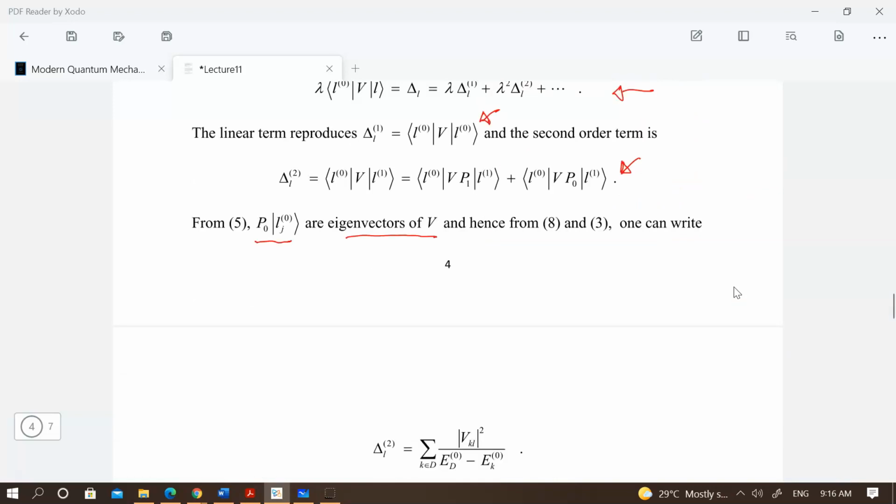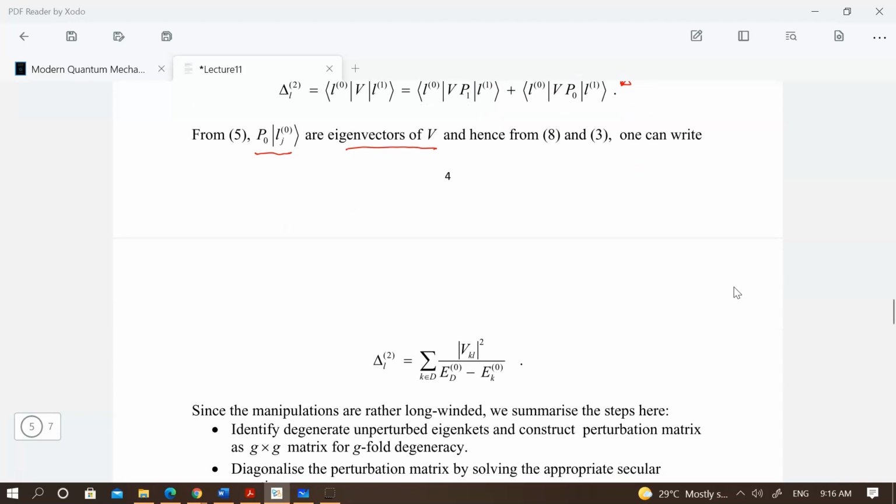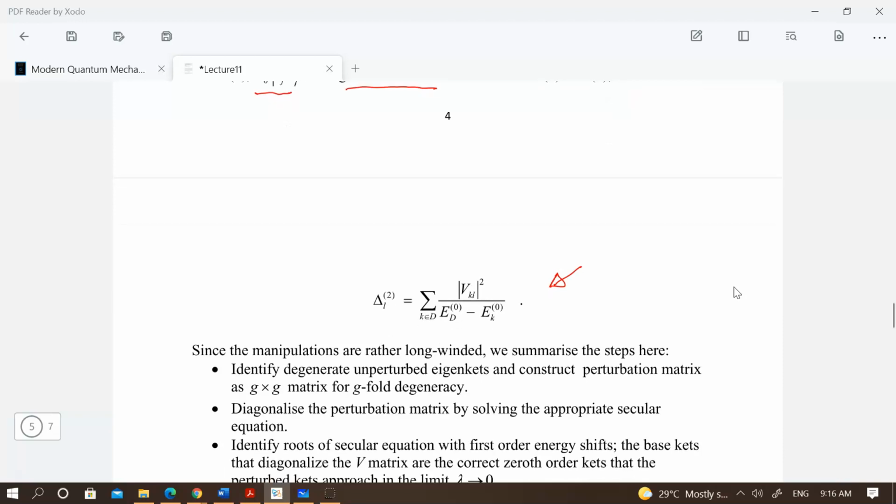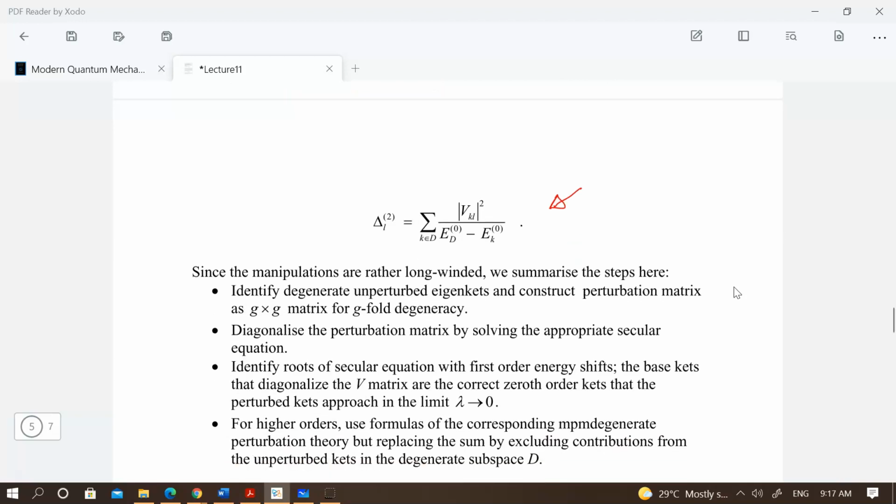From 8 and 3, one can actually get your second order shift. Okay. Again, it looks a bit complicated, but in the end, we have an example after this. You see that this is quite a normal thing that we do in the case of perturbation theory.